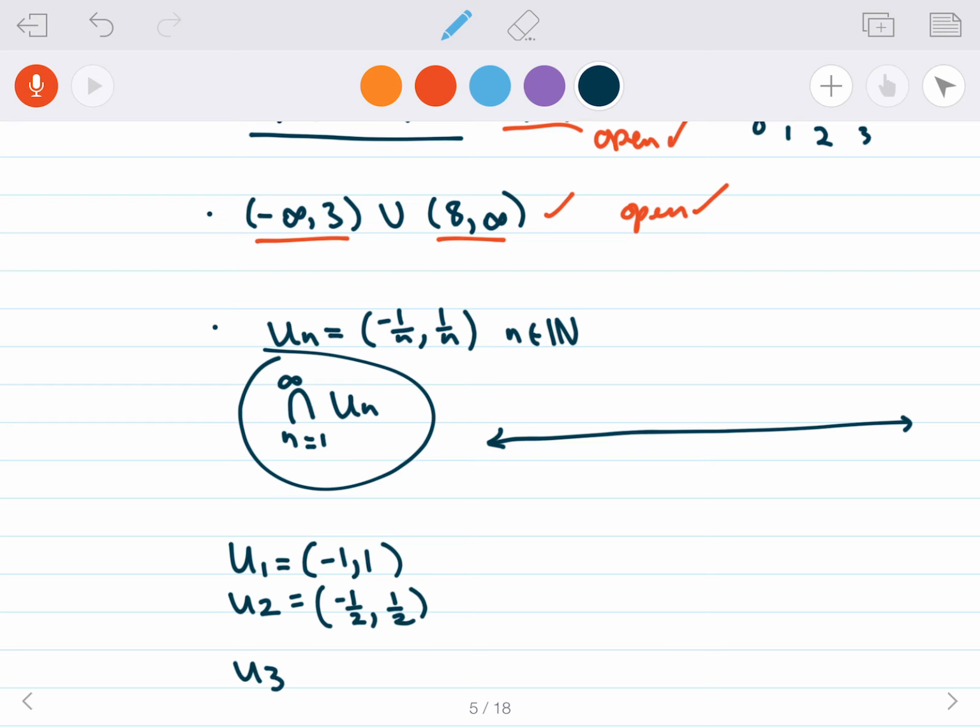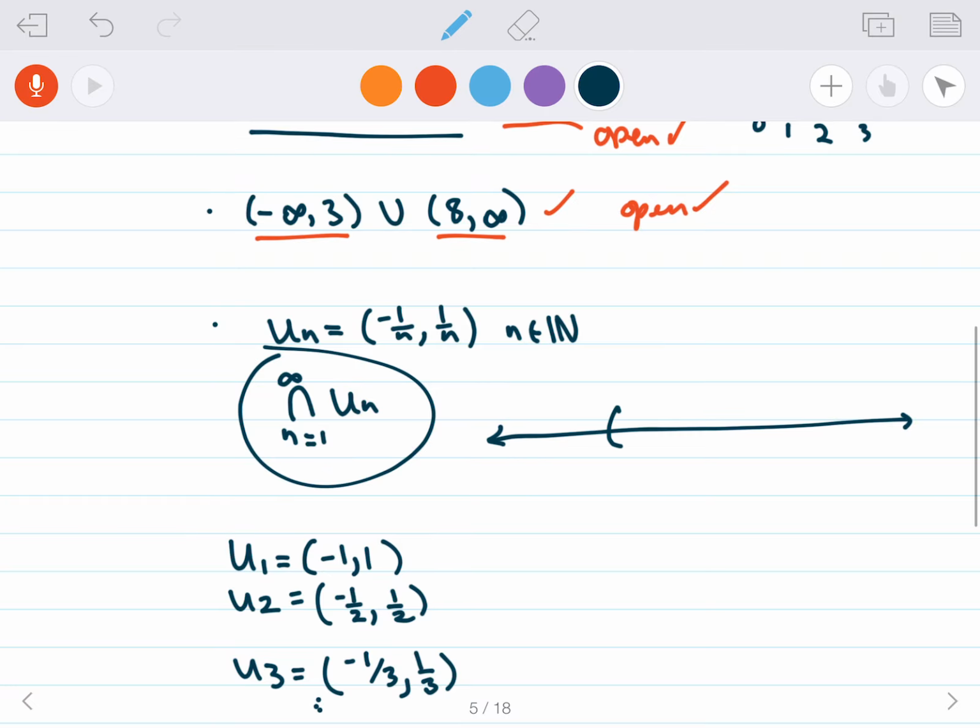So U3 is -1/3 to 1/3. Okay, and we're trying to find the intersection of these sets. So here's -1 to 1, -1/2 to 1/2, and we can see where this is going, right?